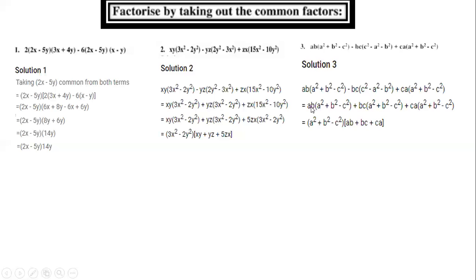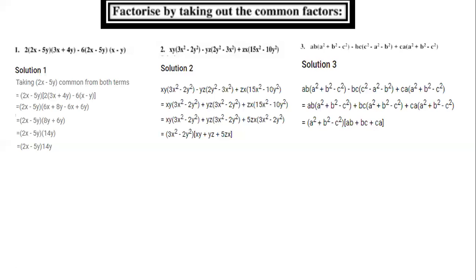So we are left with ab(a² + b² − c²) + bc(a² + b² − c²) + ca(a² + b² − c²). Again, from these 3 terms, we can take a² + b² − c² common. So take it out and we are left only with ab + bc + ca. This is your solution of question number 3.